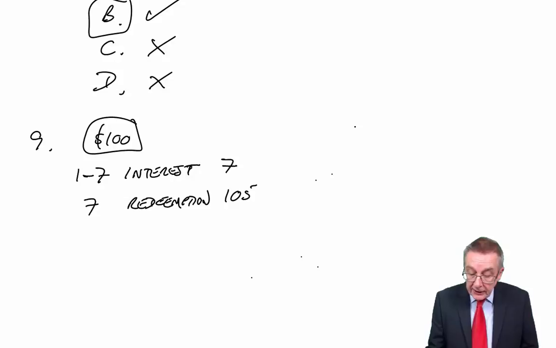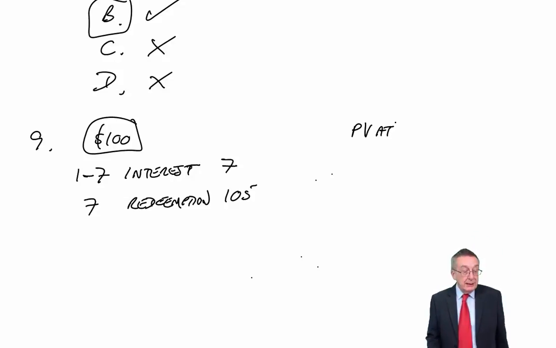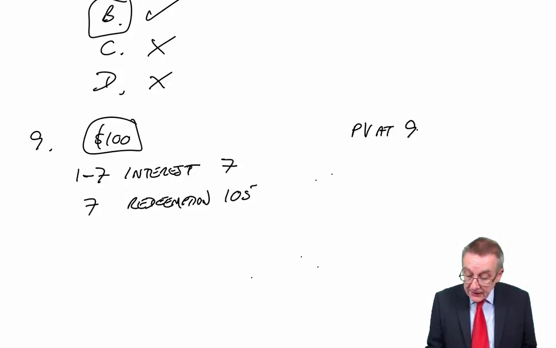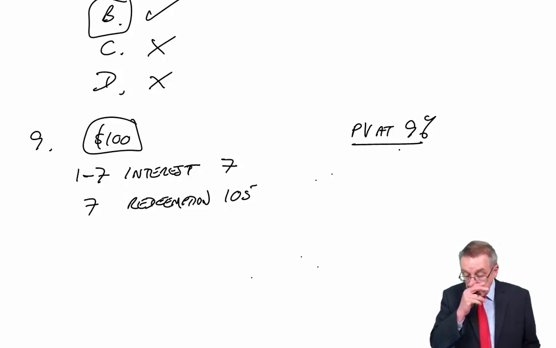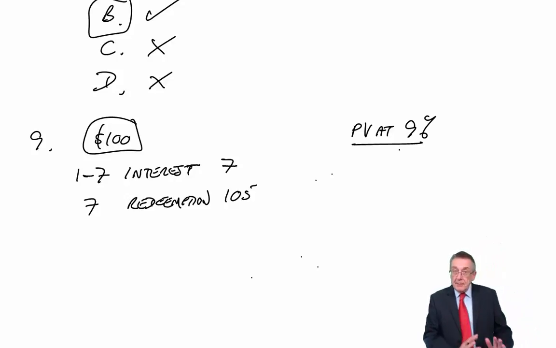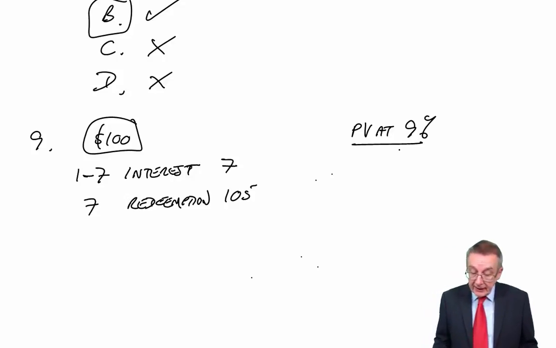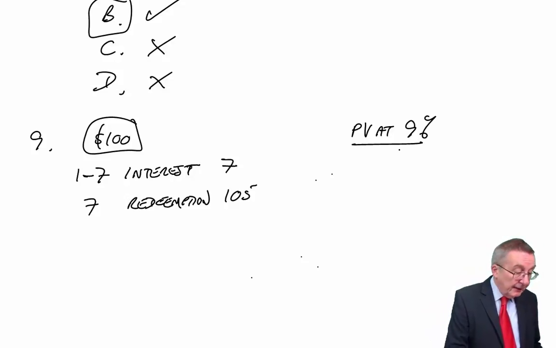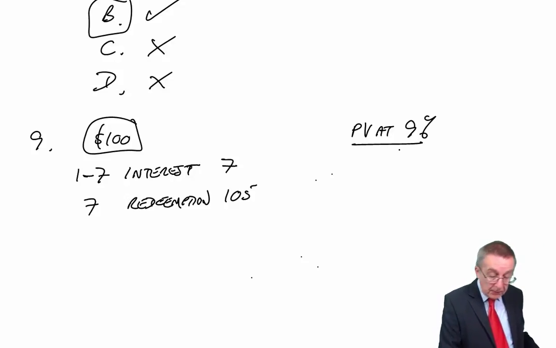The market value we discount at the investor's required return, and that is the pre-tax 9%. The cost to the company is lower, but that's completely irrelevant here. It's the investors who fix the market value. So it's then pure discounting, and the finishing off shouldn't be a problem.